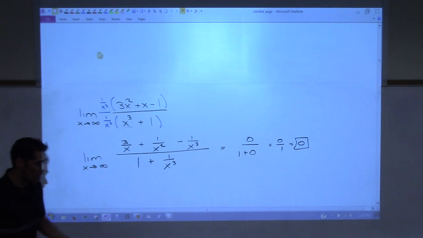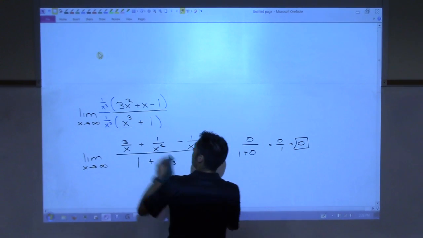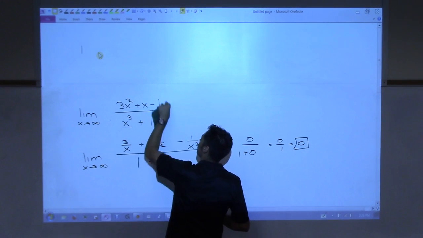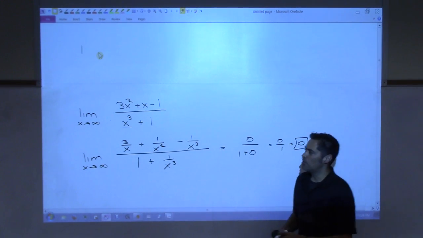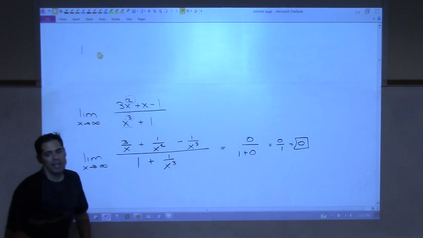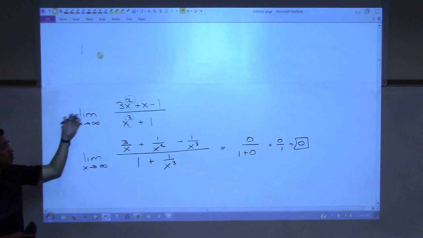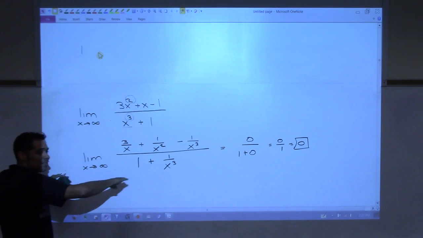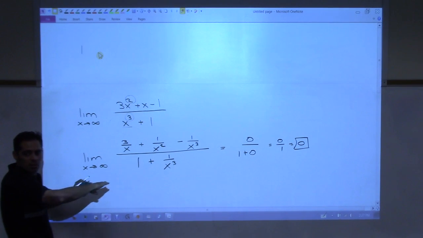All right, college algebra, do you remember this? This was also a rational function. Let me just erase these. That would have been a rational function in college algebra, and they would have told you to compare. If you're trying to find the horizontal asymptote, they would have said compare these. And they told you that if the degree of the numerator was smaller than the denominator, the x-axis was your horizontal.